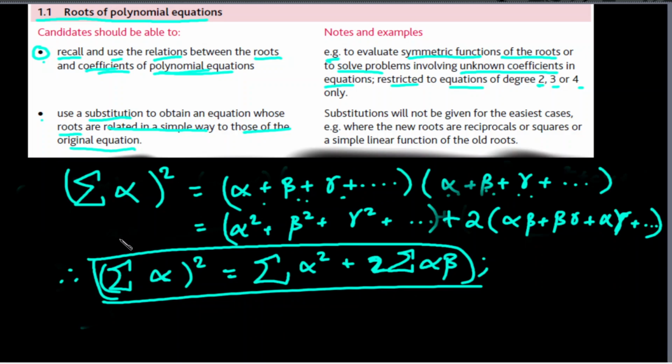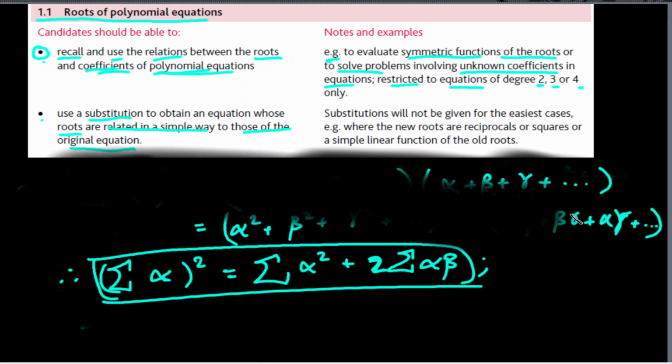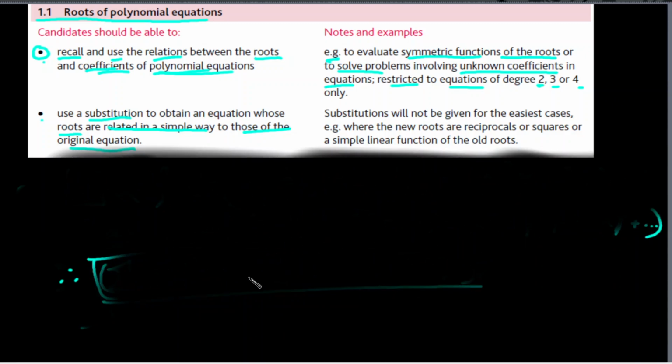Another thing you need to know is recurrence relations. So I'll just go over that right now. Hopefully you already have an idea of what recurrence relations are, but I'll quickly go over them.